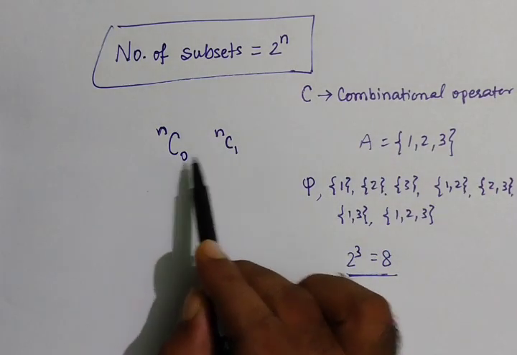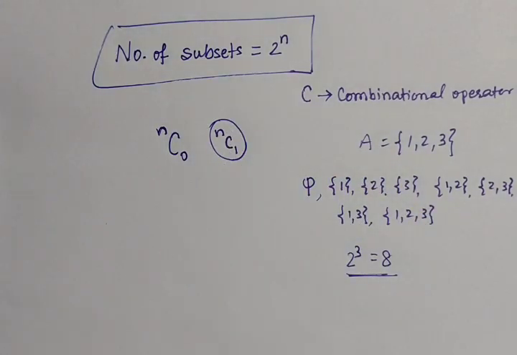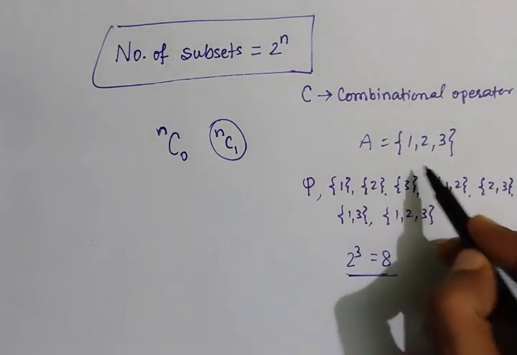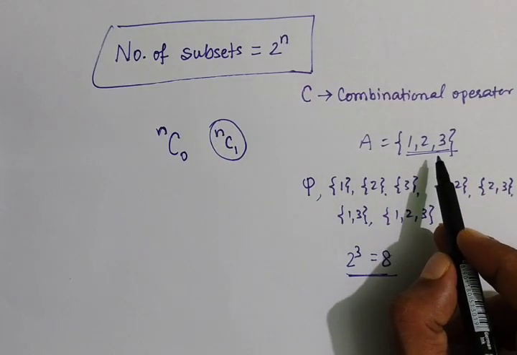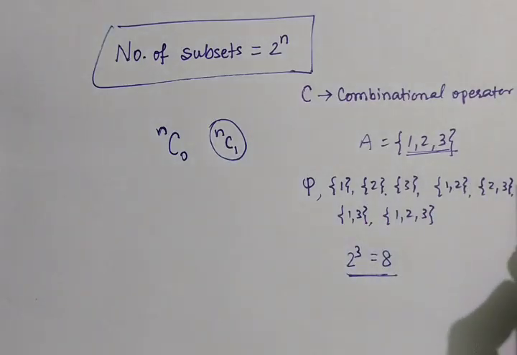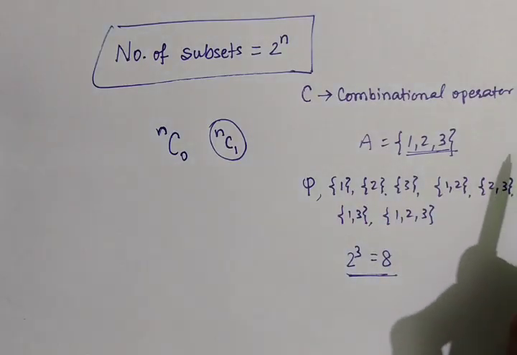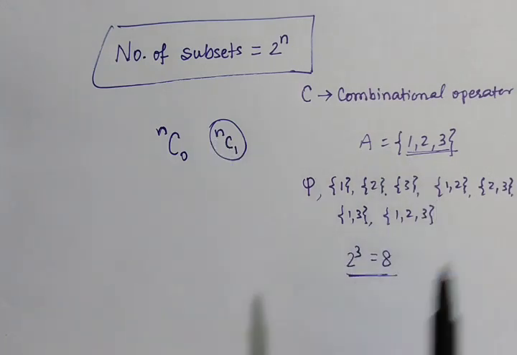Now try to understand these symbols. What is the meaning of nC1? Here n is 3, where n is the number of elements. If we talk about this result related to sets and number of subsets, then consider n as the number of elements in the given set.